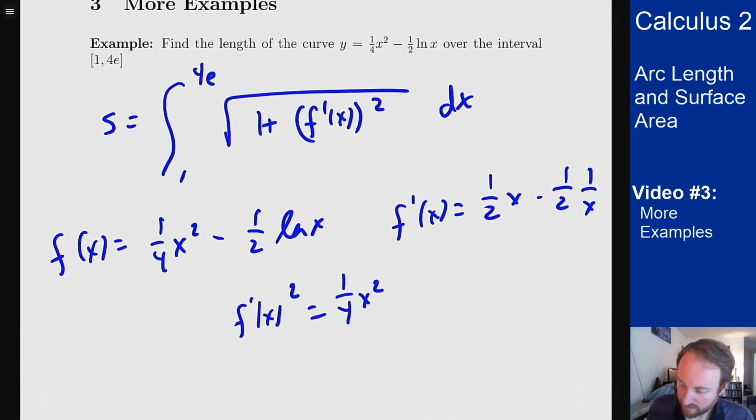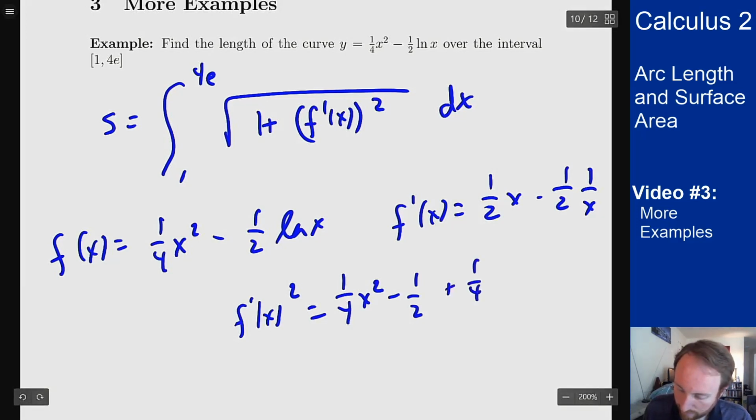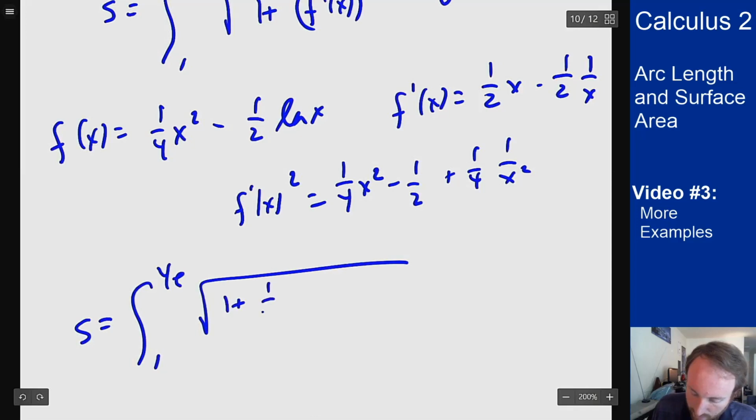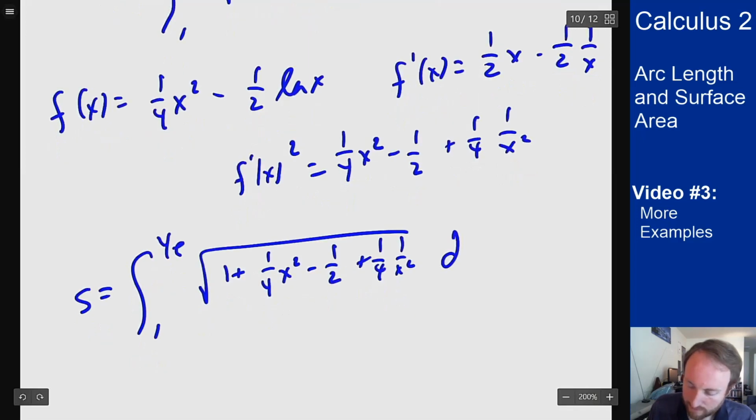The cross term is a 1/2 times a 1/2, which is a minus 1/2 times 2 for the double on the inner term. And then plus a 1/4 times 1 over x squared. Let's plug that in. So then s should be the integral from 1 to 4e of the square root of 1 plus 1/4 x squared minus 1/2 plus 1/4 1 over x squared dx.